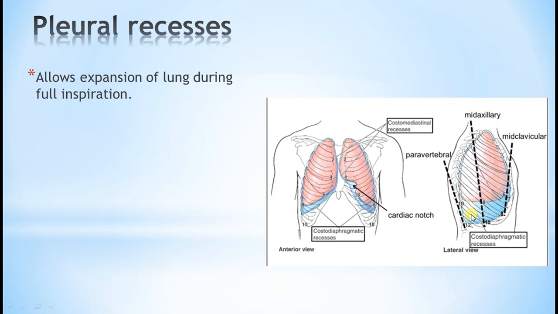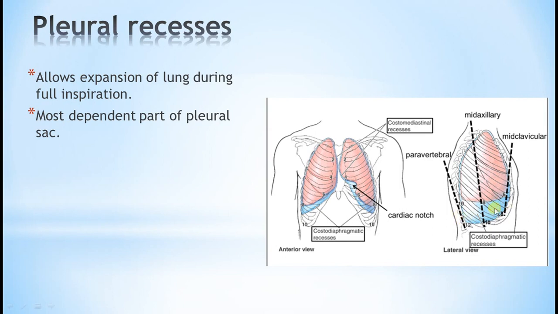As I told you, it allows expansion of the lung during full inspiration. This space is used up, and this is the natural reason for which it is present. Clinically, this is the most dependent part of the pleura. In case of fluid accumulation in the pleural cavity, pleural effusion, this space is the first part to get filled up.